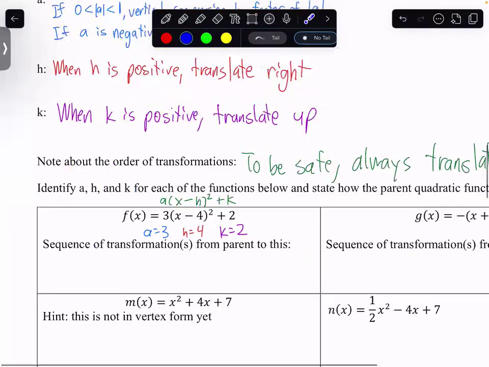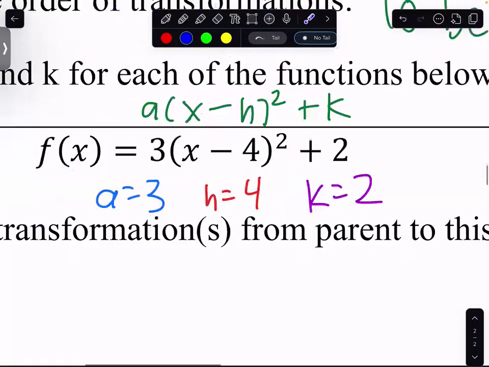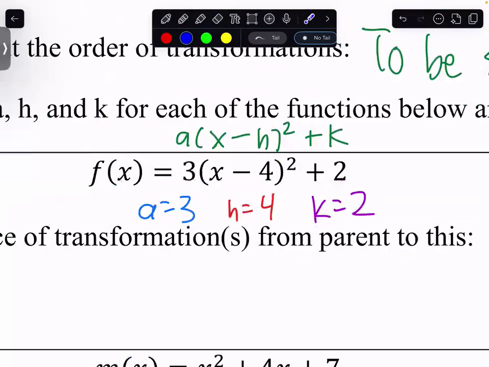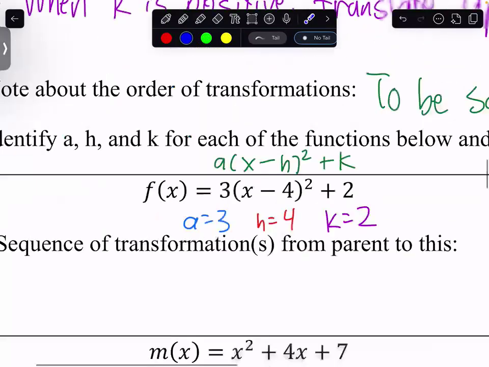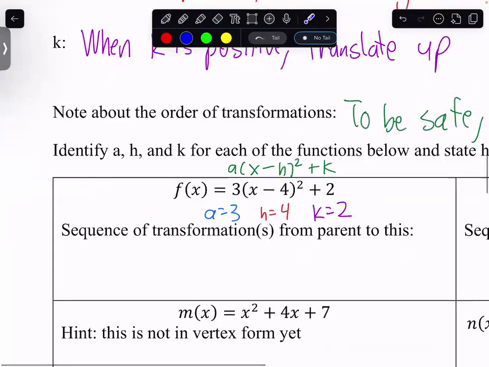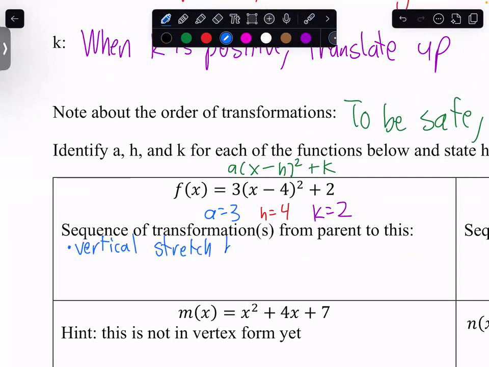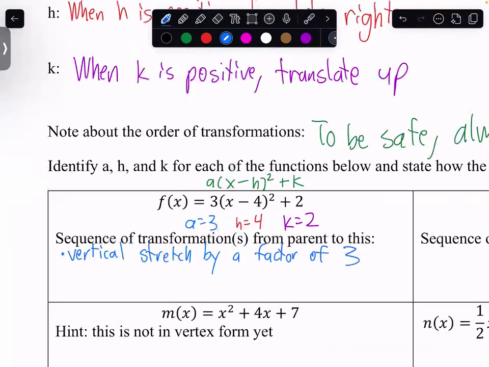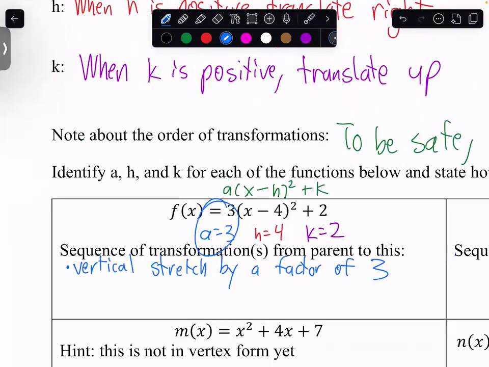So yes, A is greater than 1, so we have a vertical stretch by 3. Okay, so that's the first thing. Okay, so again, that's from the fact that A is 3.